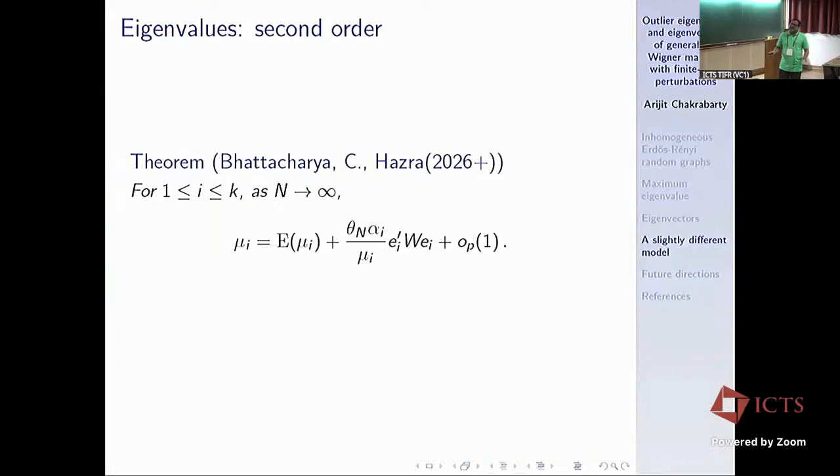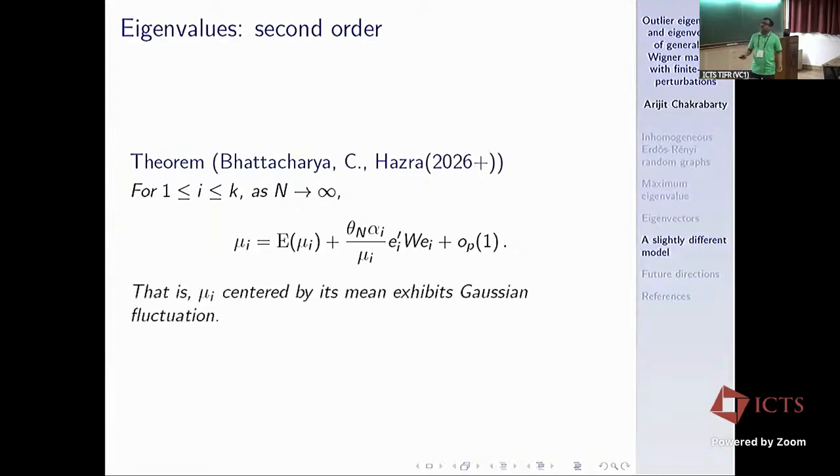Now things have changed a bit. e_i prime W e_i has a Gaussian fluctuation without any further scaling, and hence the rest being O_P(1) suffices. So in other words, if mu_i is centered by its expectation, then it exhibits a Gaussian fluctuation without any further scaling.